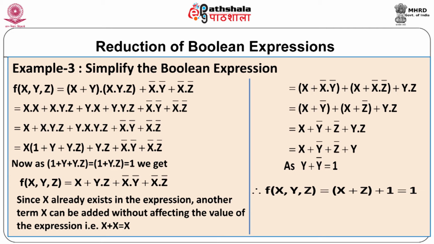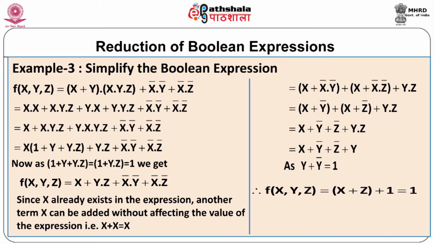Let us now look at further simplification. So, we get on right hand side an expression with 3 terms. As we can see, we can absorb x bar from first 2 terms.